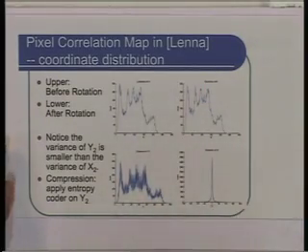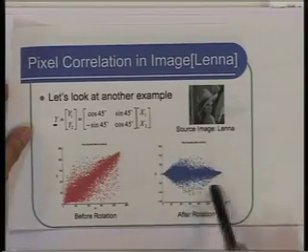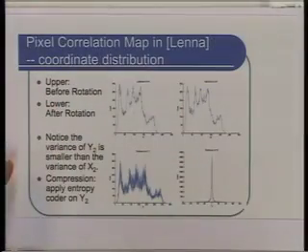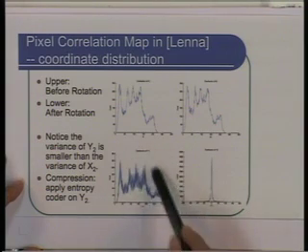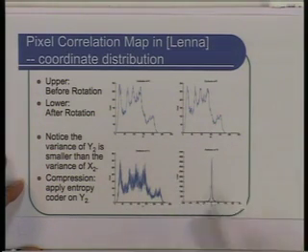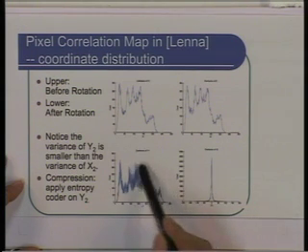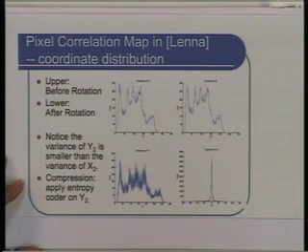Now, on rotation, for this plot, if we look at the distribution of y1, this is what we get, and if we look at the distribution of y2, this is what we get. So, again we note that the variance of y2 is much smaller than the variance of x2.